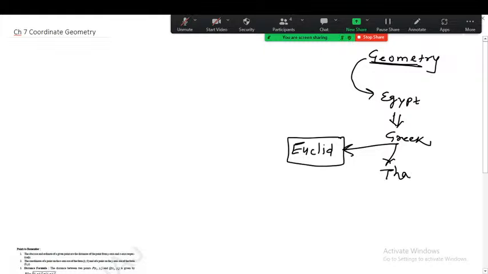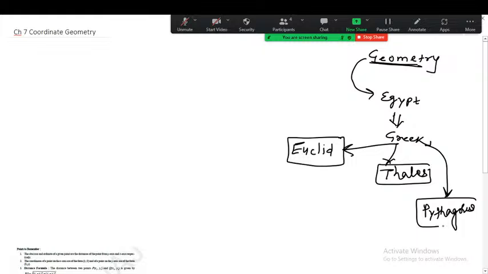There was another mathematician, Thales. There was one more, Pythagoras. You must have heard of the Pythagoras theorem. It is given by him only. And also Bodhayan, but we rarely hear the name Bodhayan because he is Indian. Indians don't take credit. They just discovered, they just work, they don't take credit.